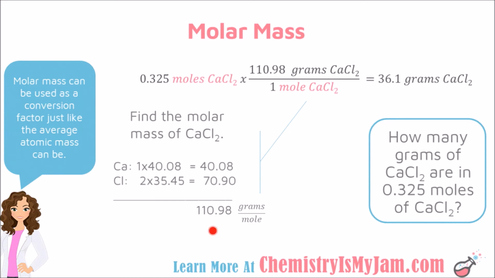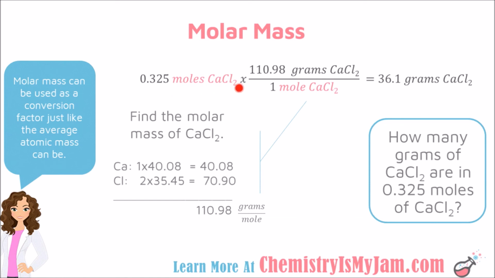That is a conversion factor that can be switched. I can write it as 110.98 grams per 1 mole on the bottom, or I can have 1 mole on the top divided by 110.98 grams. So whatever unit I start with goes on the bottom, and that is what's going to dictate how I write that conversion factor.